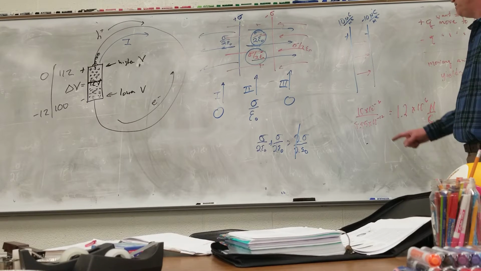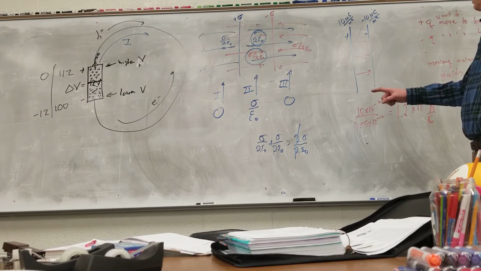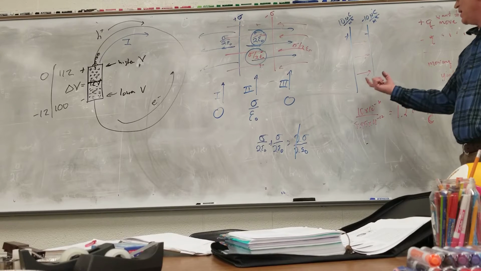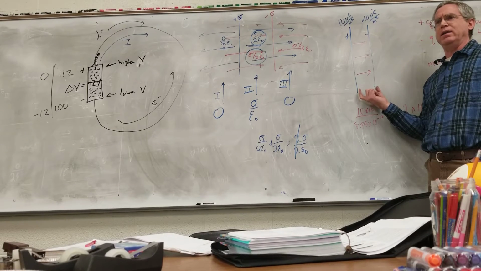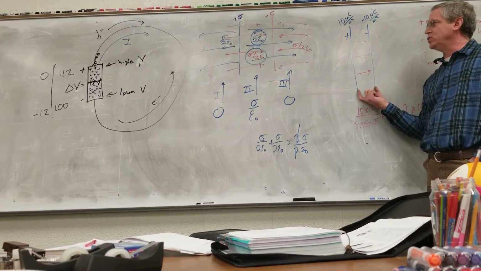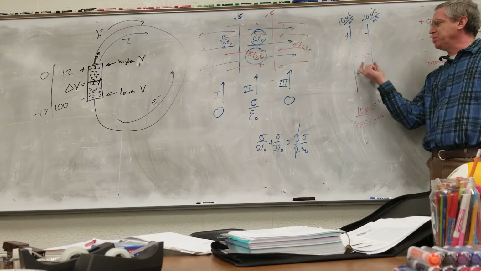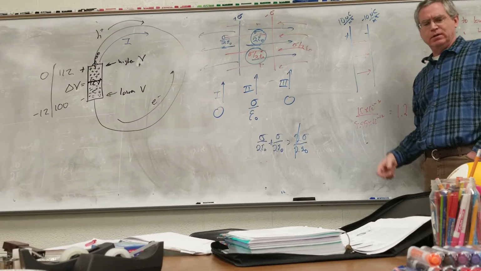All right, so this idea of having two plates here that are infinitely large, obviously, it's unrealistic, but we get pretty darn close if the gap between them is small compared to the actual size of the plates.